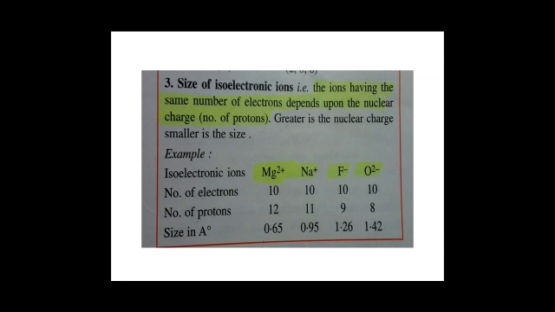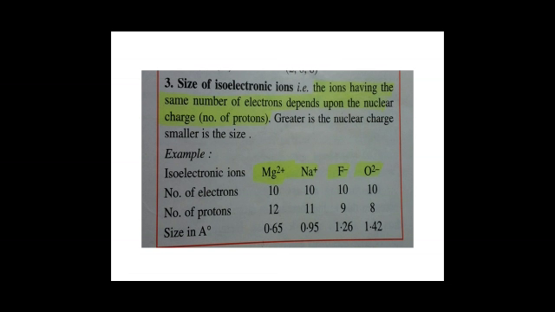What about O2-, oxide ion? The number of electrons in oxide ion is 10 as it gained 2 electrons. So the number of protons of oxide ion is 8, but the number of electrons is 10.